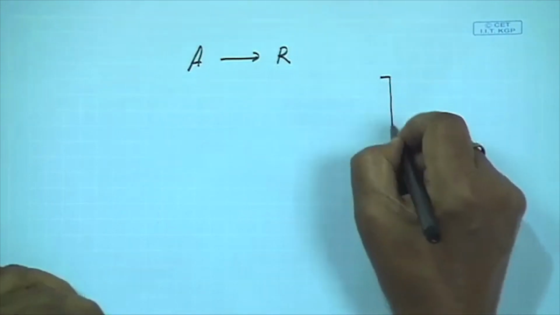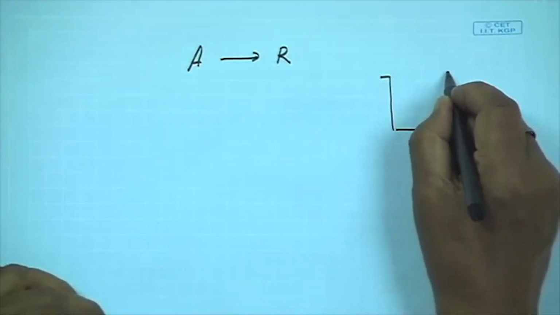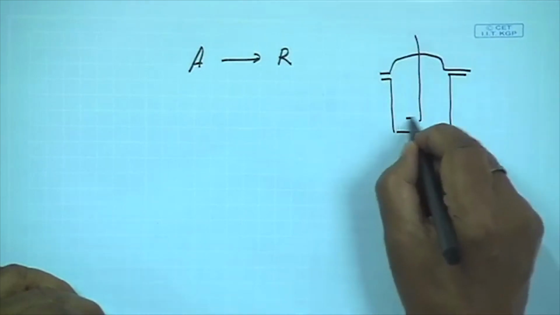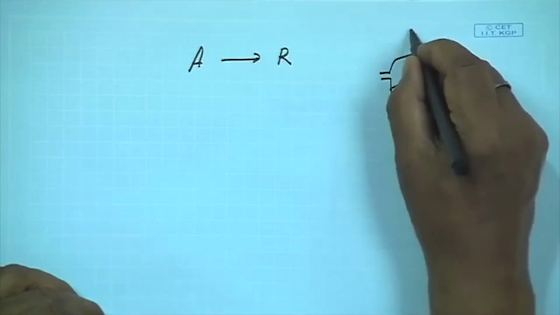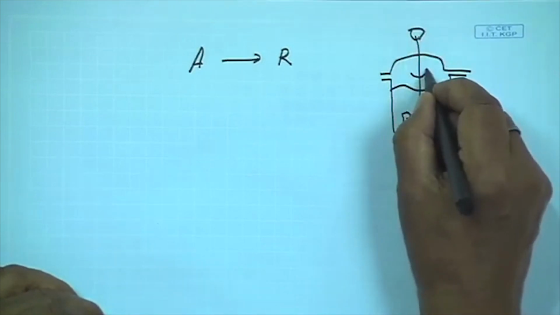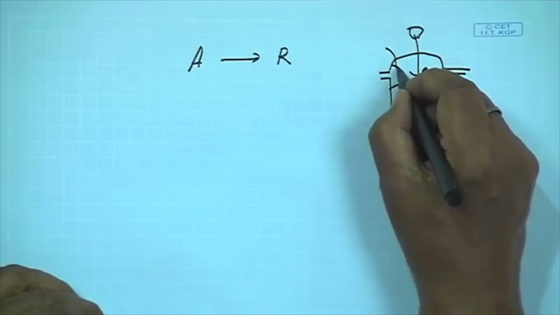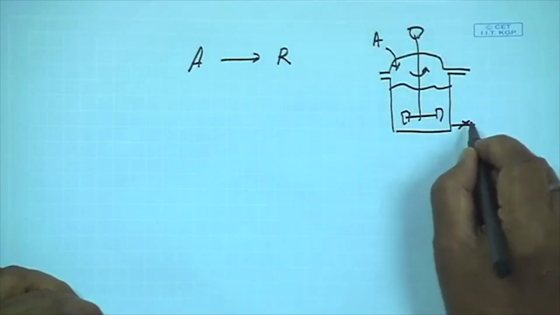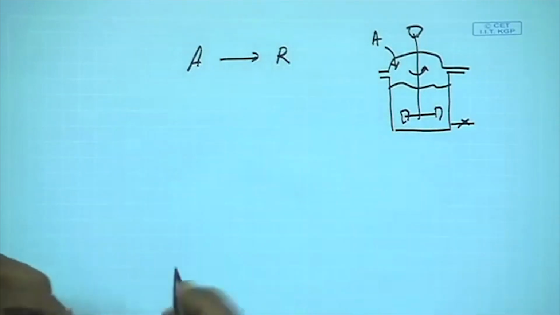The batch process is basically like this: this is the reactor, we take A, and after the reaction is over we take out all the material from the system.